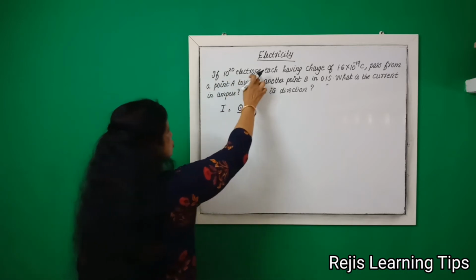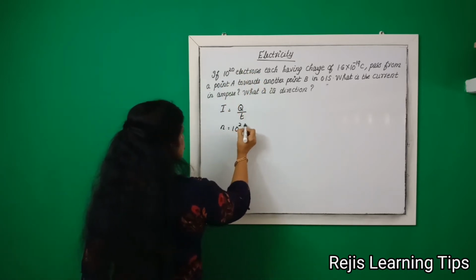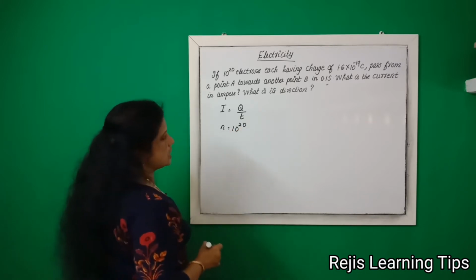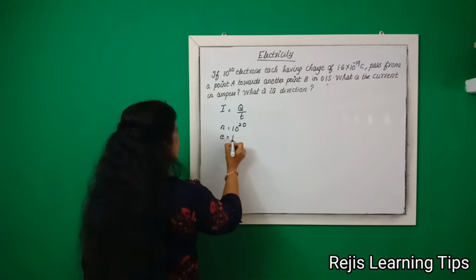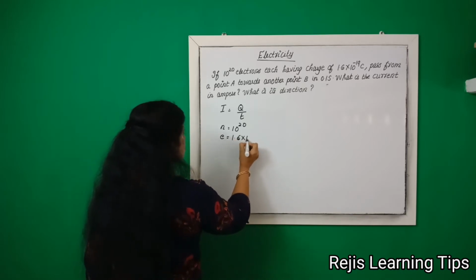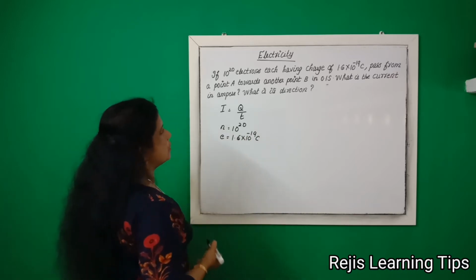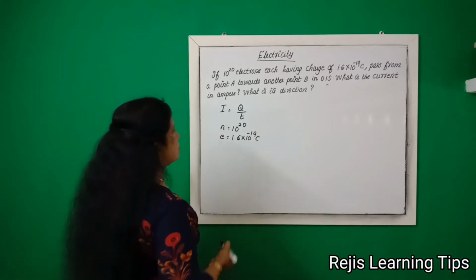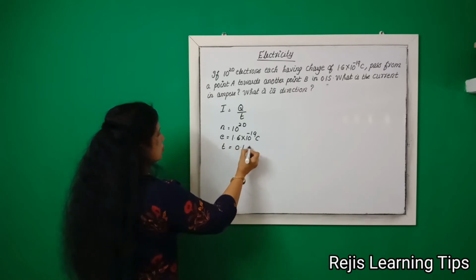If 10 raised to 20 electrons, so N is equal to 10 raised to 20 electrons, each having a charge of electron e equal to 1.6 into 10 raised to minus 19 coulomb, pass from a point A towards another point B, the time T is equal to 0.1 second.